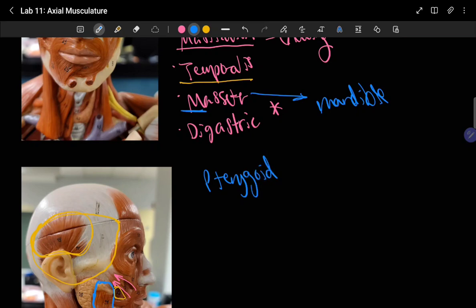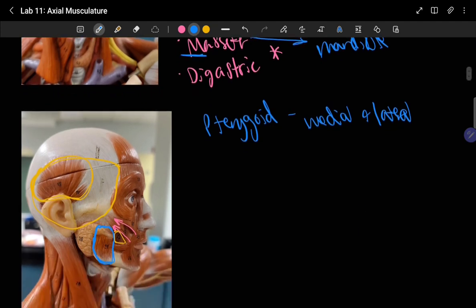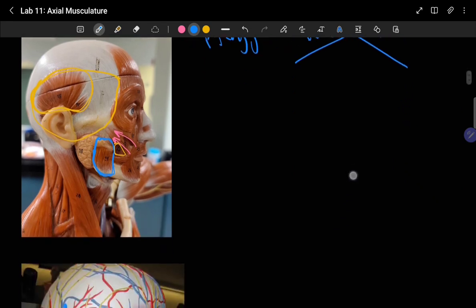So pterygoid, kind of like pterodactyl, pterygoid, and we're going to have a medial and a lateral pair. And they're going to help just raise the mandible, move it laterally. So that's something that might show up on a lecture exam, but I'm not going to ask you that for lab just because they're deeper and we can't see them very well on our model.